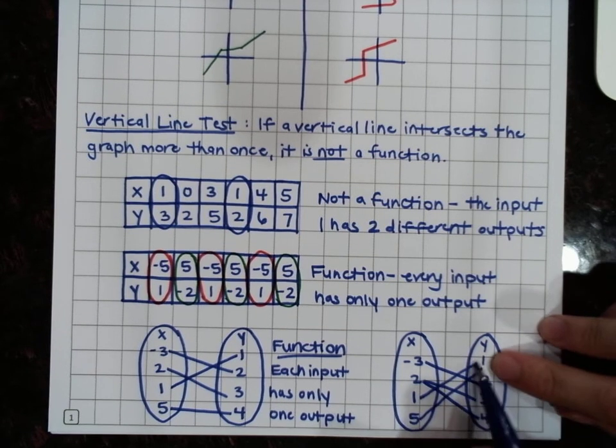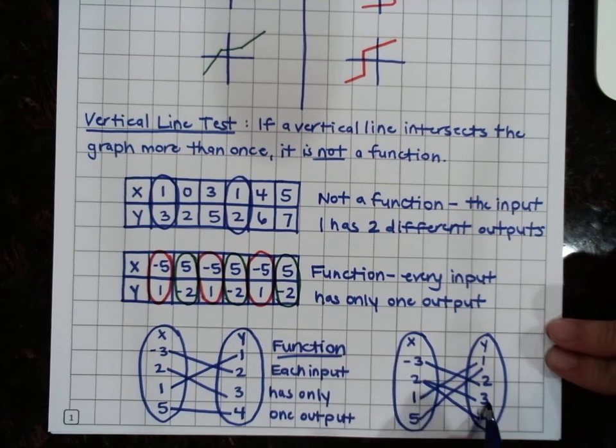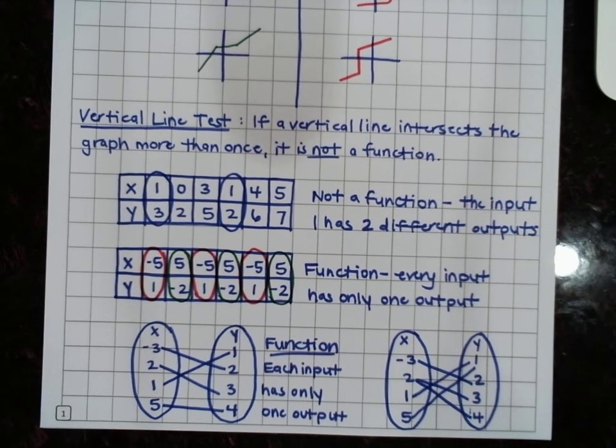So it's fine for both of them to have the same output. What's not okay is the same input with two different outputs. So sometimes when you put in 2, you got a 3, and sometimes when you put in 2, you got a 4. So this one is not a function.